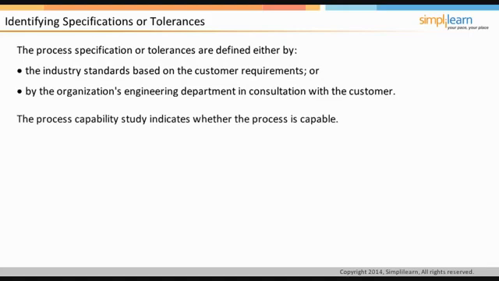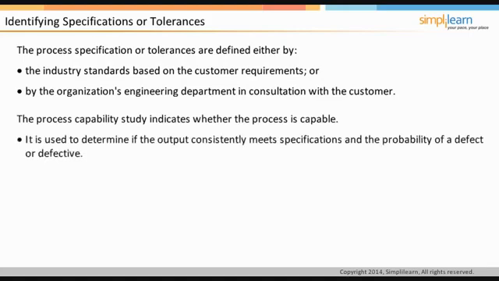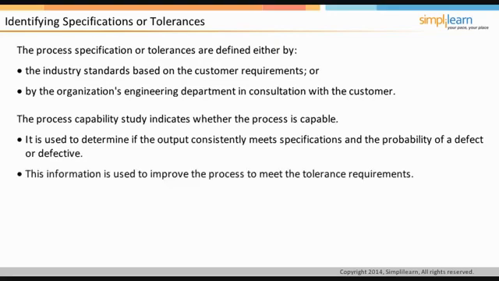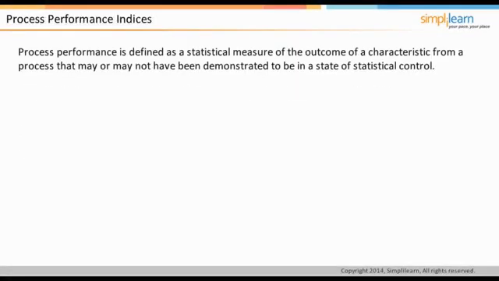The process capability study indicates whether the process is capable. It is used to determine if the output consistently meets specifications and the probability of a defect or defective. This information is used to evaluate and improve the process to meet the tolerance requirements. In the following screen, we will learn about process performance indices.